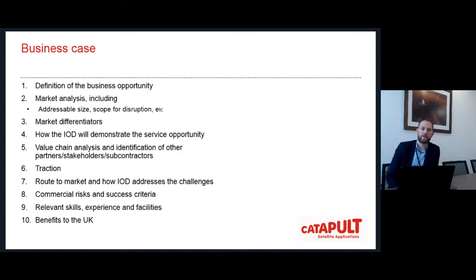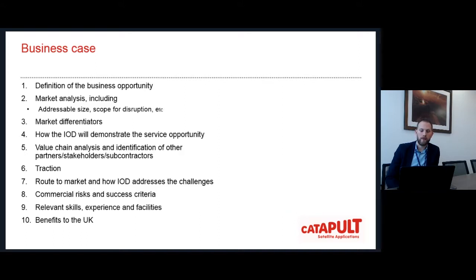So we kick off by giving a definition of the business opportunity itself. What's the gap that you've identified in the market and how you're going to exploit it. Going back to that sort of scalability and sustainability, in the next point, number 2, we'd expect to see some initial market analysis.